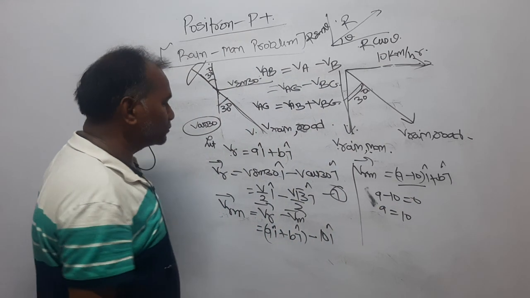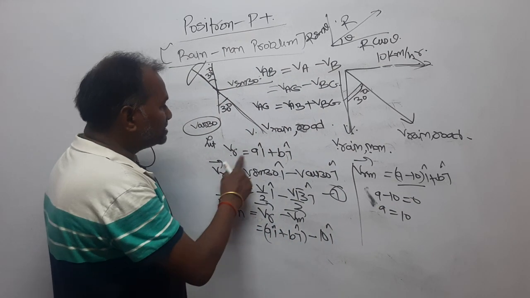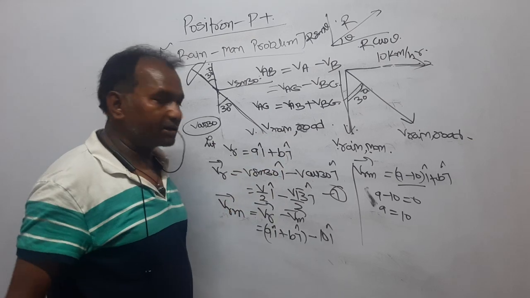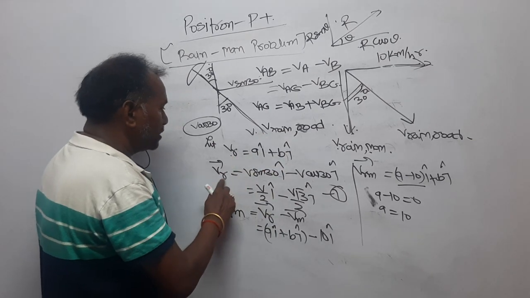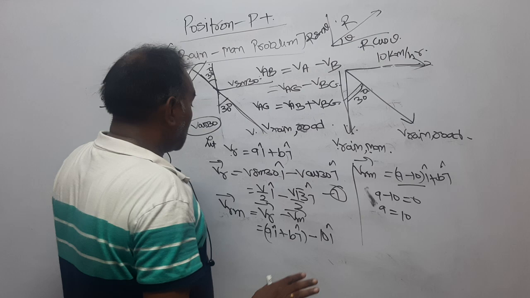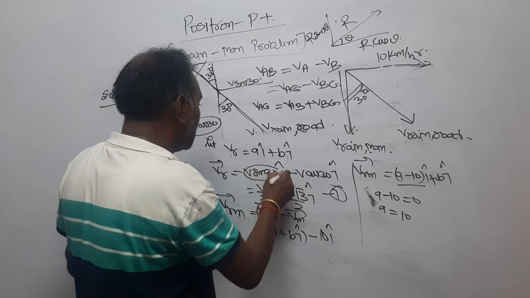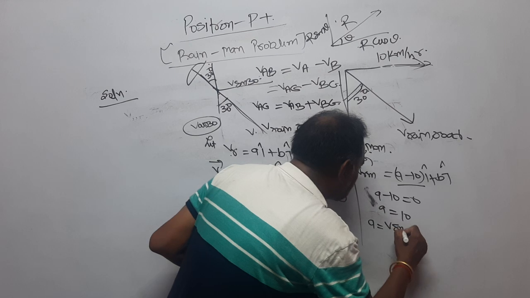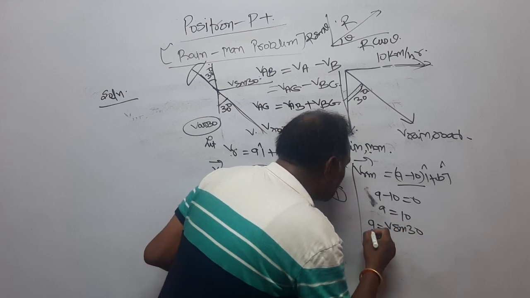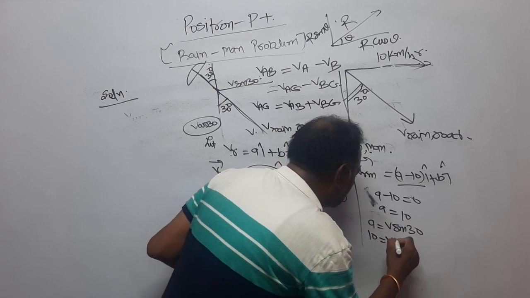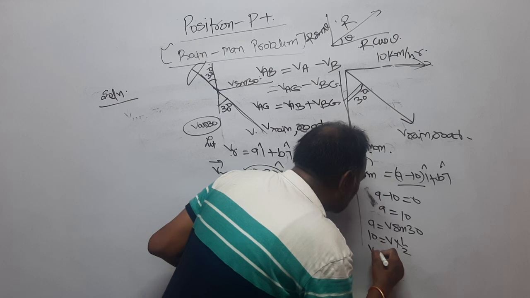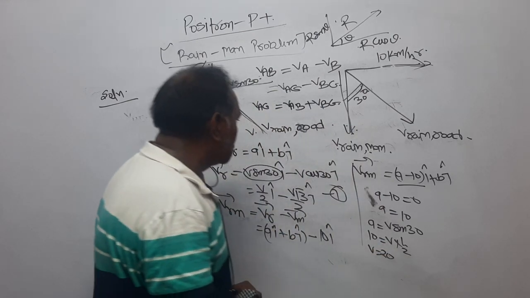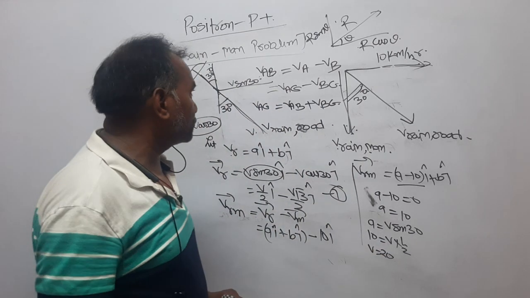Now you have found the value of A. Vr is equal to A i cap plus B j cap. A is equal to V sin 30 and A is 10, so 10 is V times 1 by 2, V is equal to 20, right? You have found the value of V equals 20.